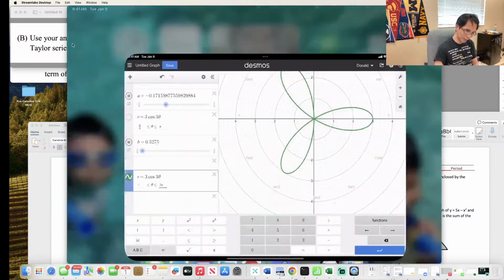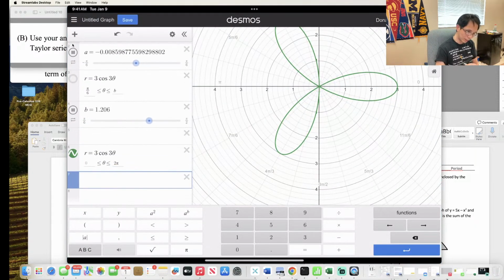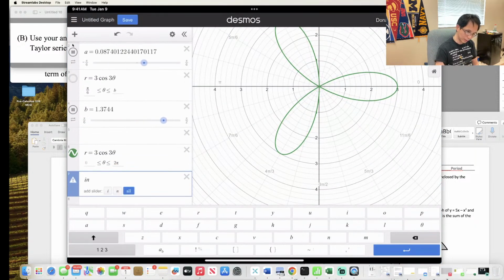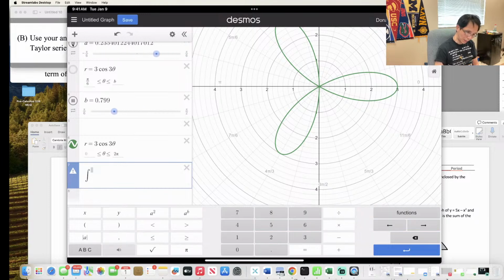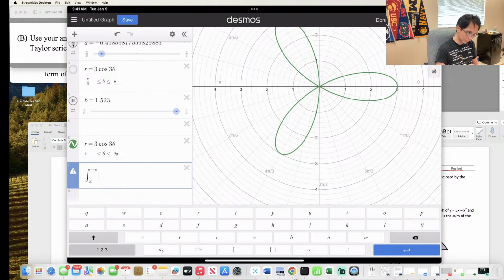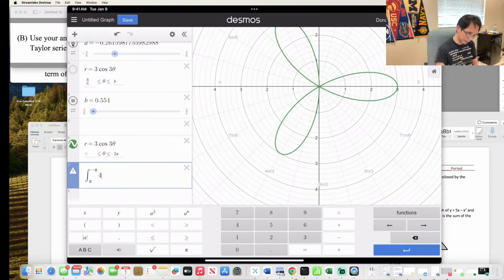So let's just say, integrate between pi and negative pi, and let's say, 4 d theta.